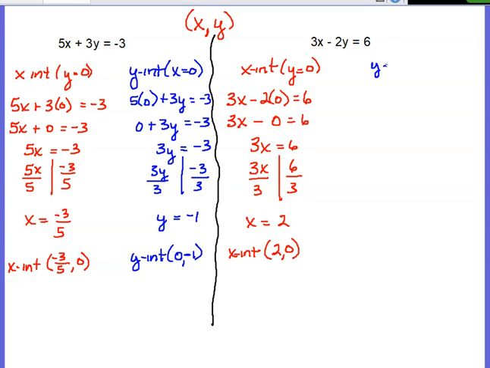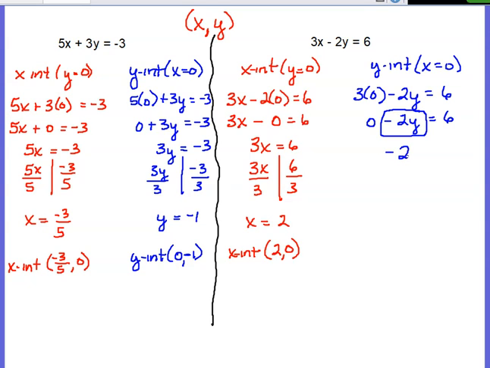Okay, for my y-intercept, x is equal to 0. So 3 times 0 minus 2y equals 6. Well, that's 0 minus 2y is equal to 6. So remember, this is a negative 2y. So negative 2y equals 6, and then I have to isolate my variable.